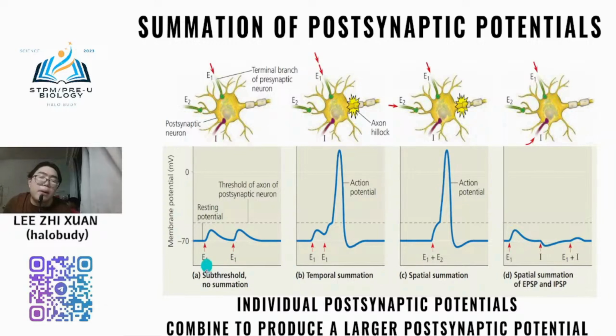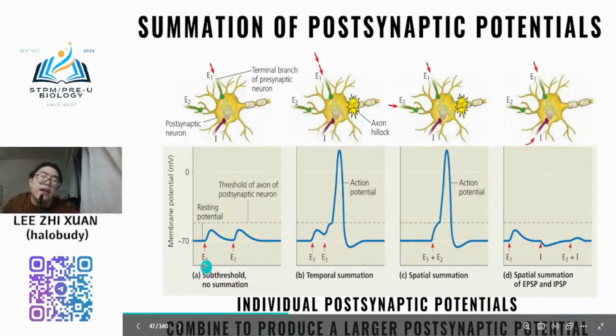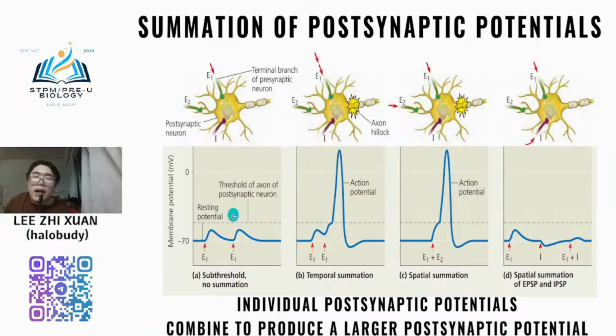The first impulse is maybe at 1 second, and at 5 seconds E1 still receives another E1 impulse, but these two impulses are too far away. The period for both impulses is too far.